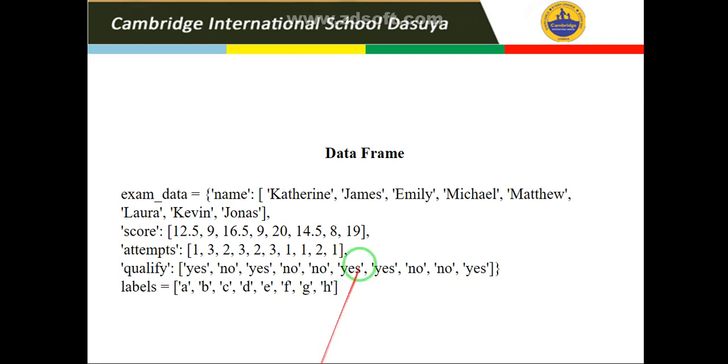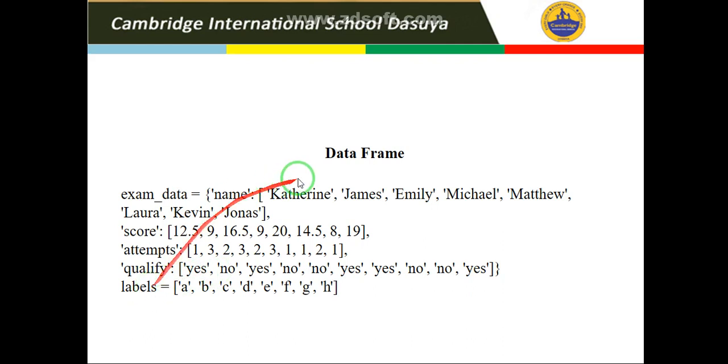Here we have taken the example of a data frame where we have taken the data of different students. Clear? First we inputted their names, then recorded their score, then how many attempts they have made, and whether they have qualified or not, and another parameter is labels.